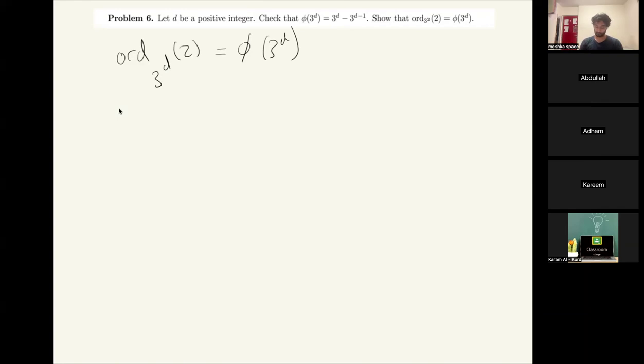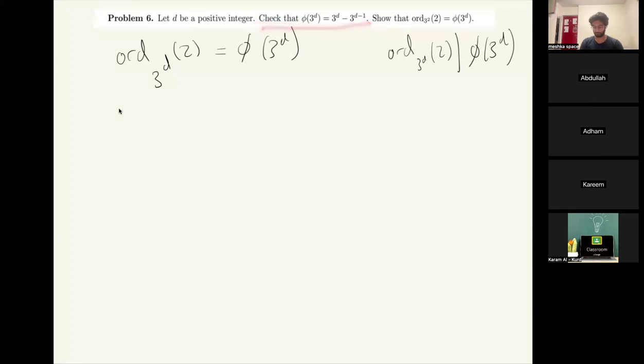And remember, it's always true that the order will divide the totient function, but we want to show that it's actually equal in this case. So the order is as big as possible for 2 modulo 3 to the d.